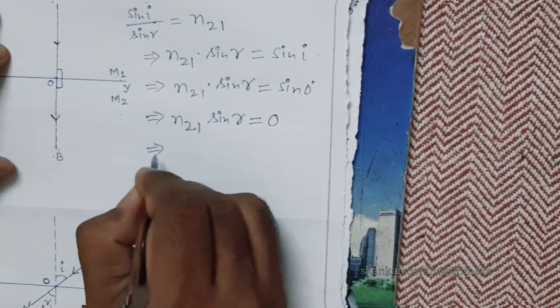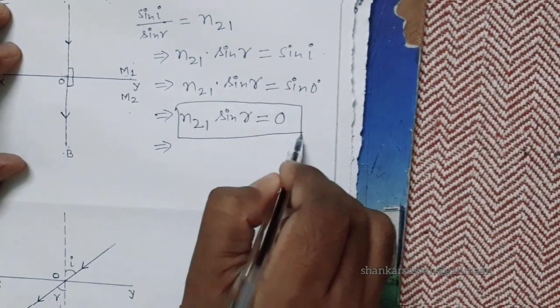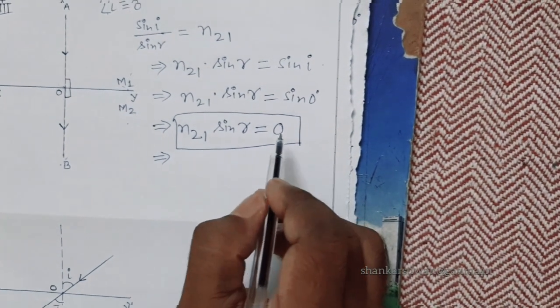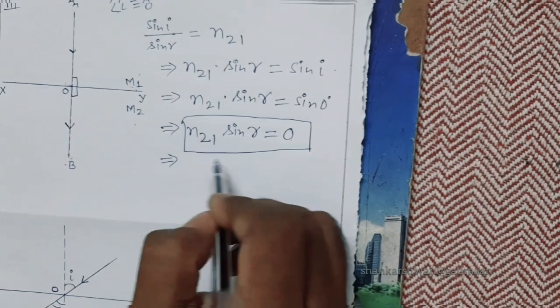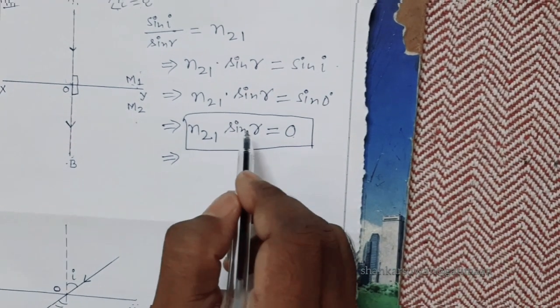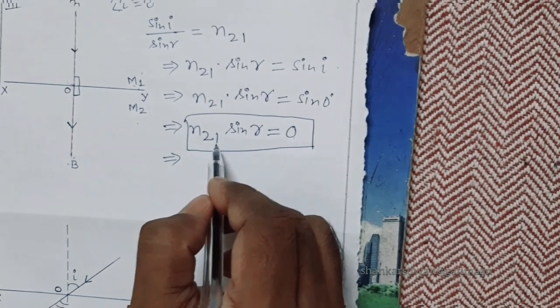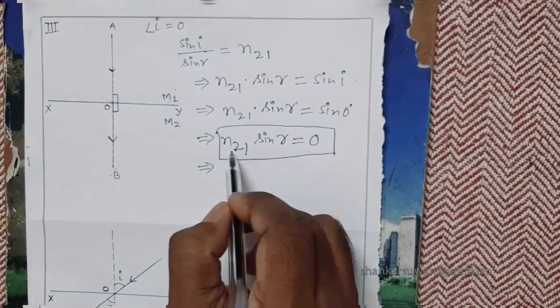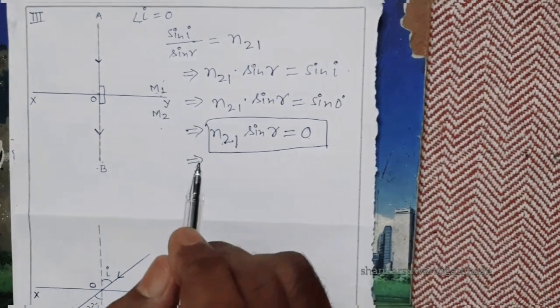Now look at only this. The RHS is 0. That is why the LHS also must be 0. And n21 can never be 0. The refractive index of medium 2 with respect to 1 will certainly have some numerical value.